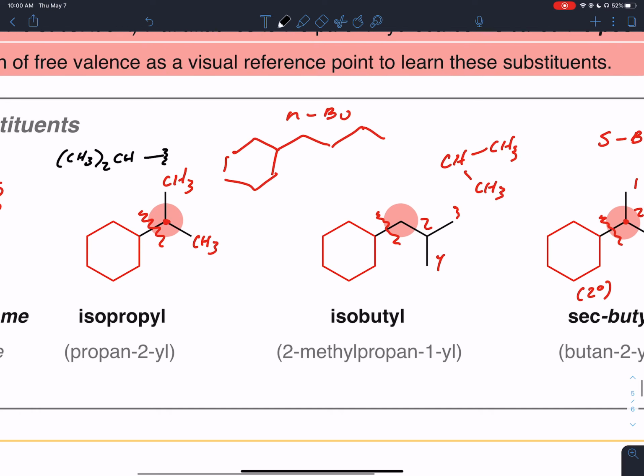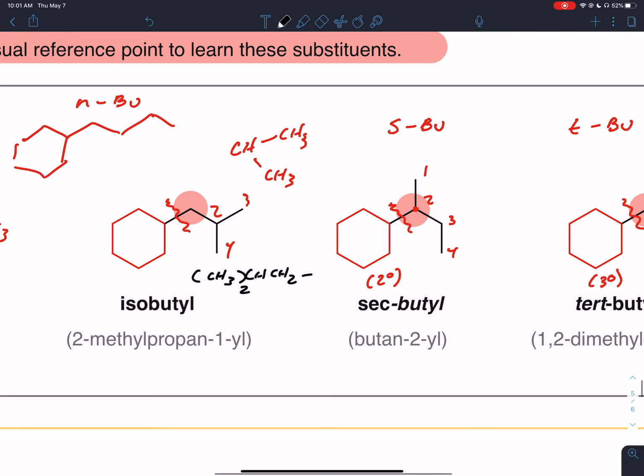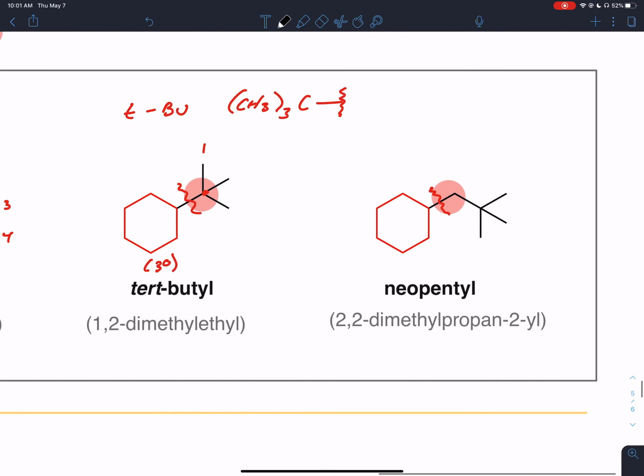The condensed abbreviation for the isobutyl group would be CH2CH(CH3)2.